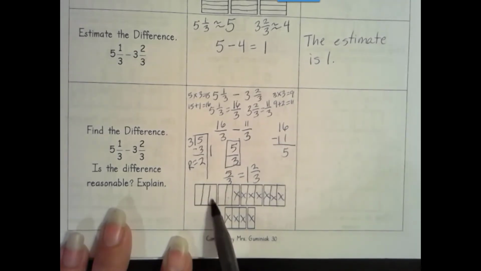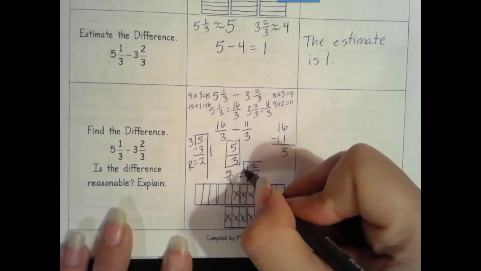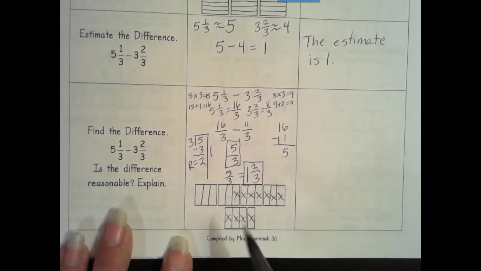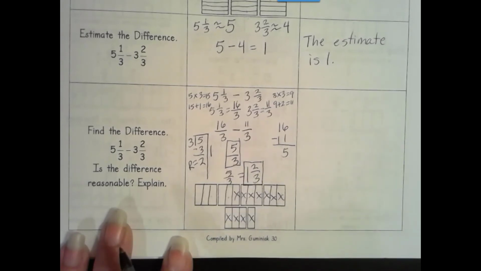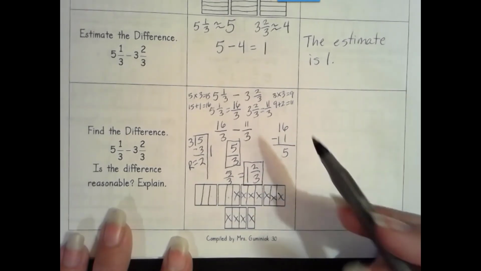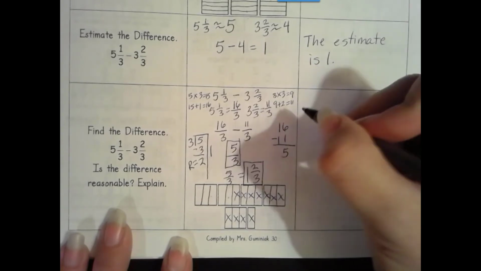So 1 whole and 2/3 left over. That is another way of saying the same amount. Each one has a useful purpose, so you want to be able to do both. Is that close to 1? It's a little closer to 2, but it is still pretty close to 1, so it is reasonable.